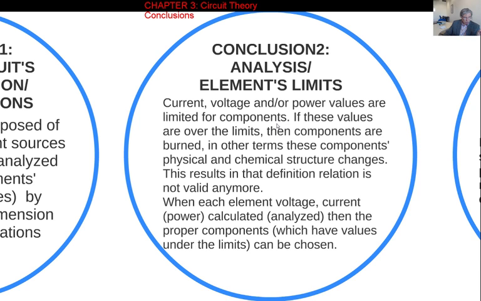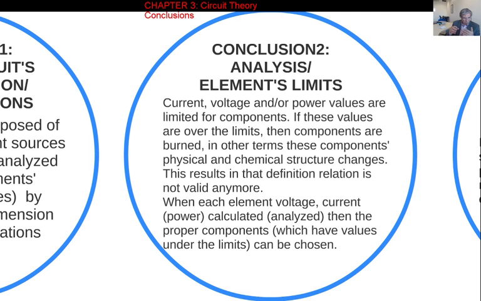If this voltage is over this limit, that means the definition relation is not true anymore. So if this voltage is over this limit, then the behavior of this element changes, or the definition relation changes in mathematical sense.